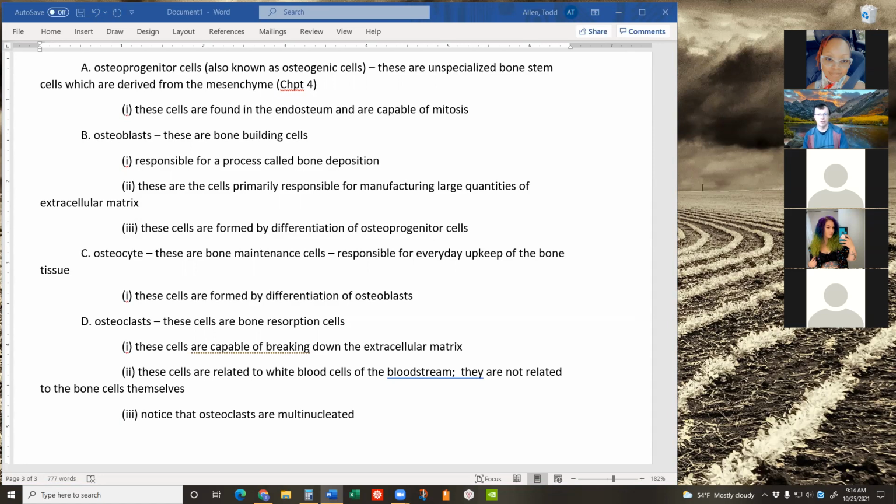What other type of cell did you learn about in chapter 4 that is multinucleated? Do you remember, folks? Chapter 4 presented a cell that was multinucleated.